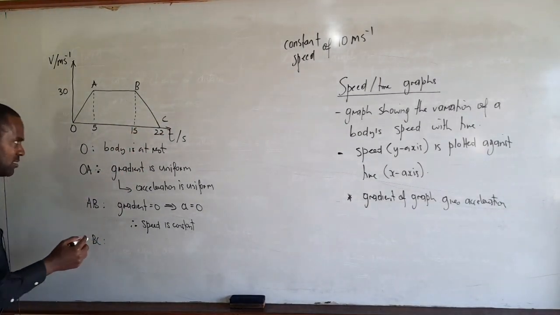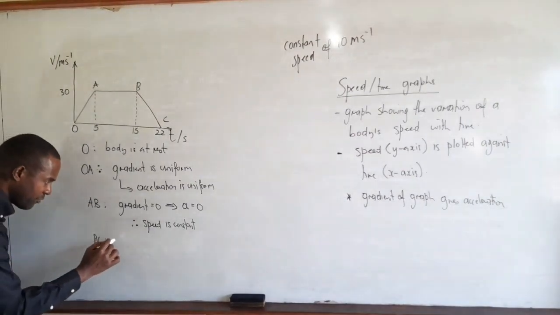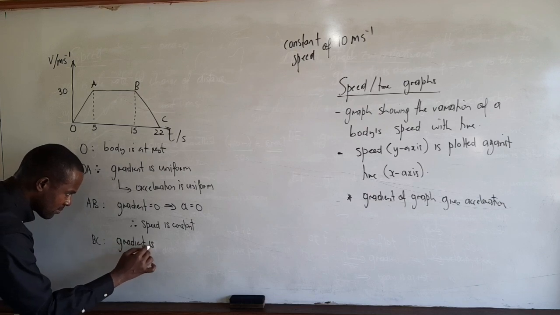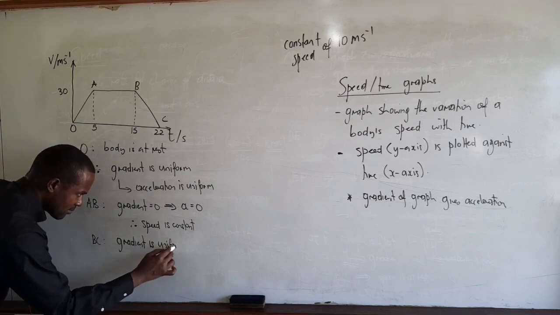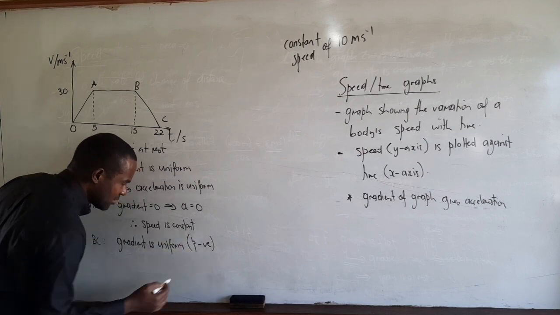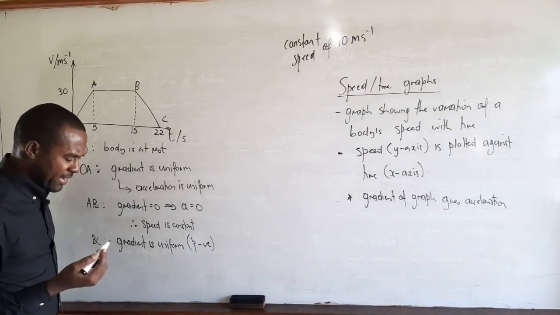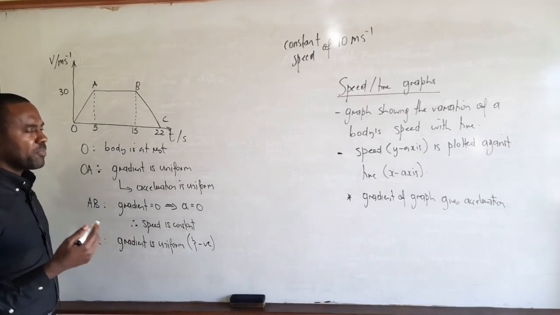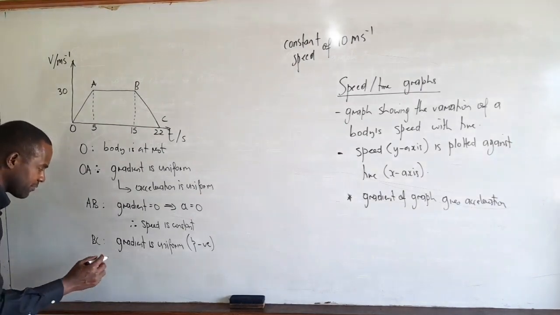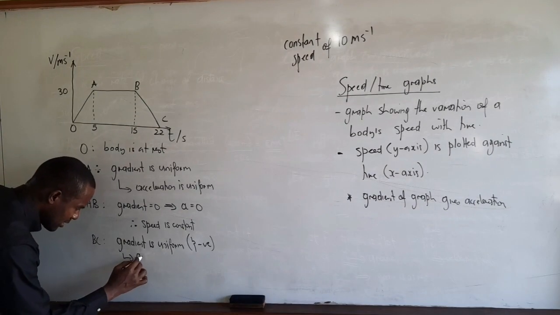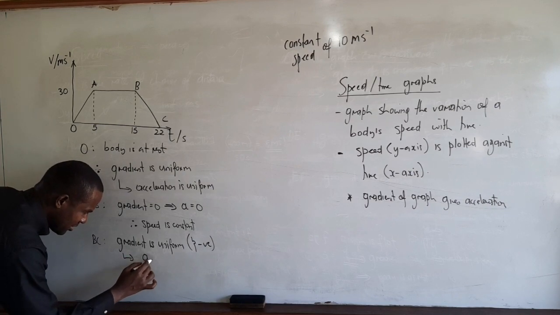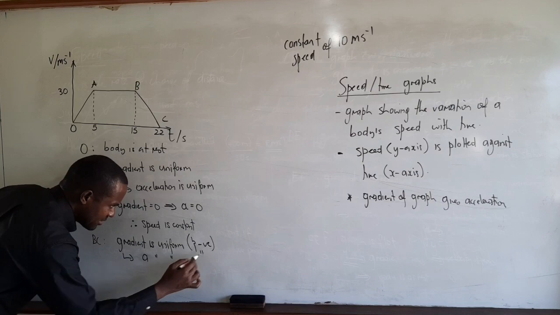So for BC, the gradient is uniform and negative, and since gradient represents the acceleration, the acceleration a is uniform and negative.